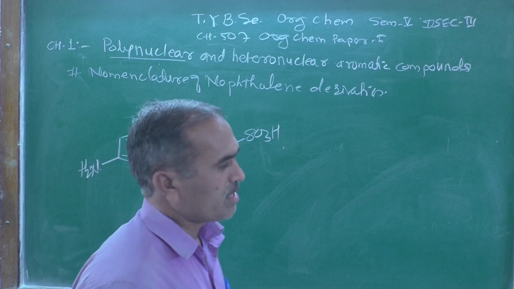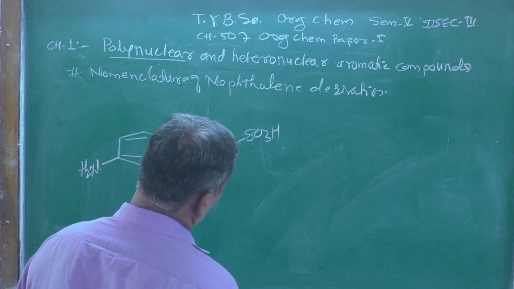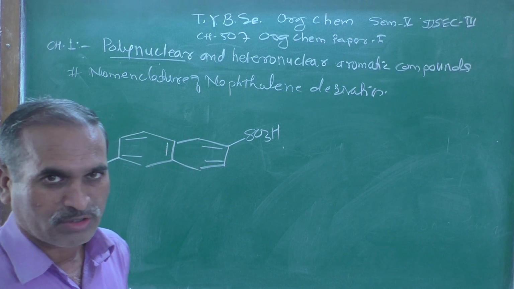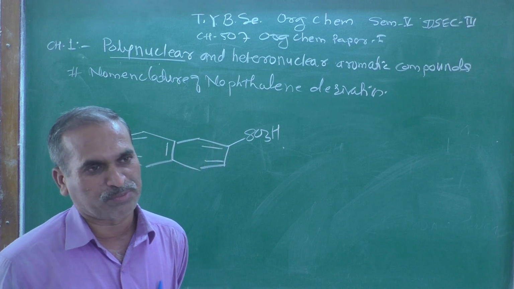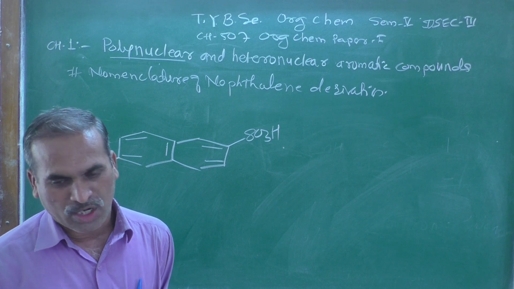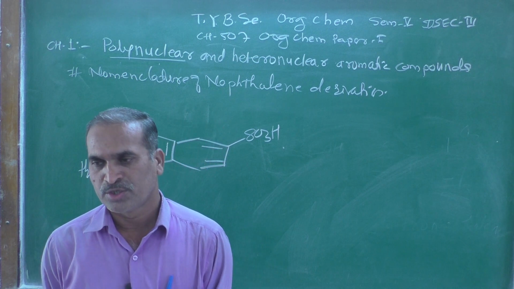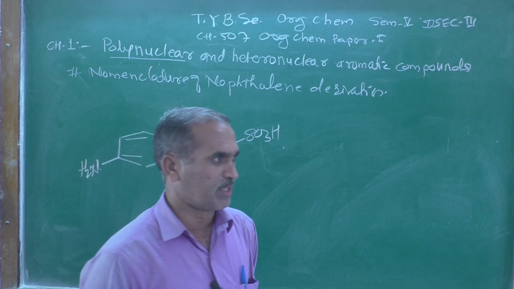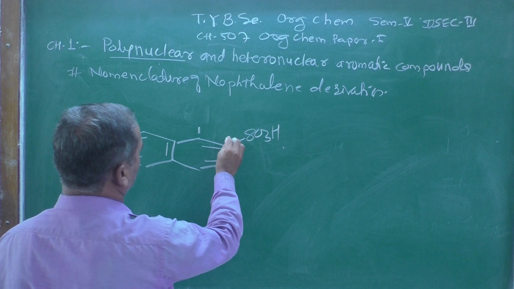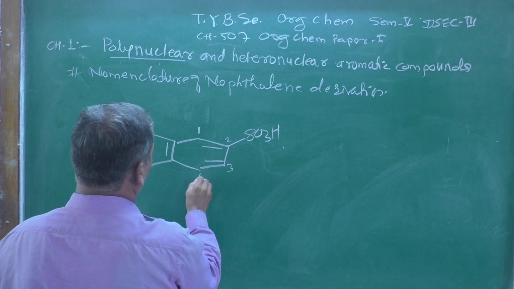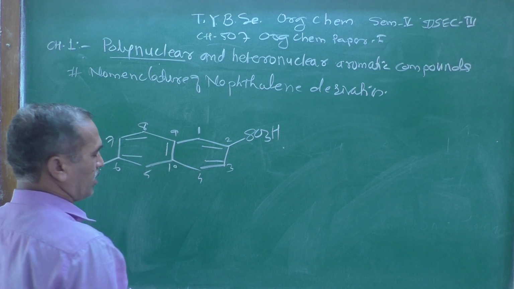So in this particular case, sulfonic acid, which is the most oxidizable compound, or we can say it is the main substituent, and therefore according to the IUPAC rule, the main substituent should get the lowest possible number, and therefore you can start the numbering from this side, 1, 2, 3, 4, 5, 6, 7, 8, 9 and 10.